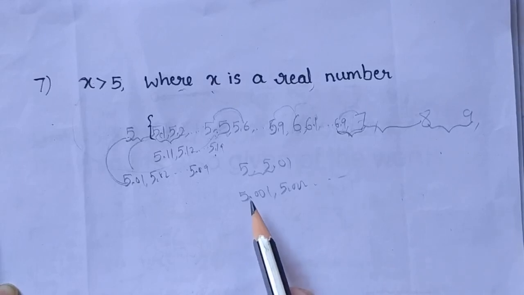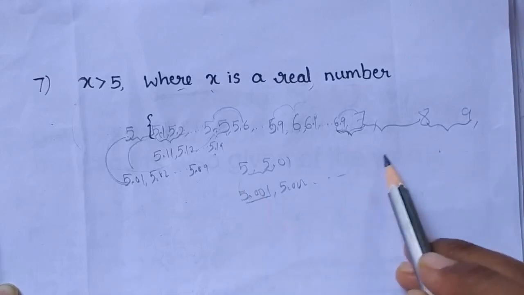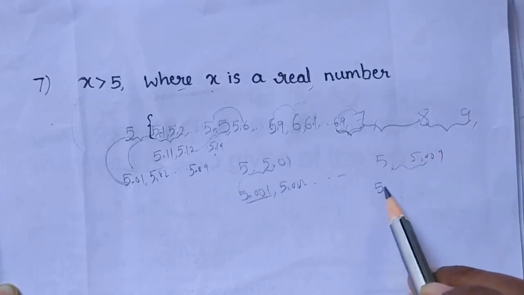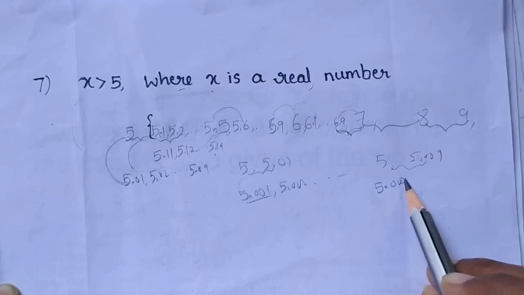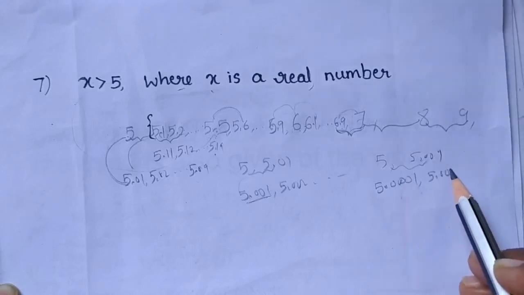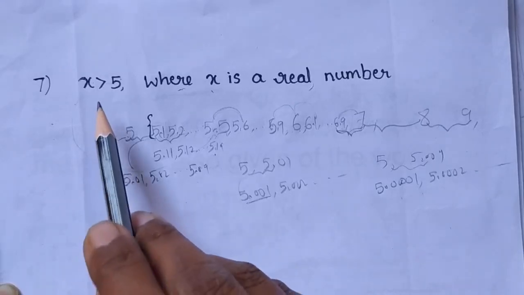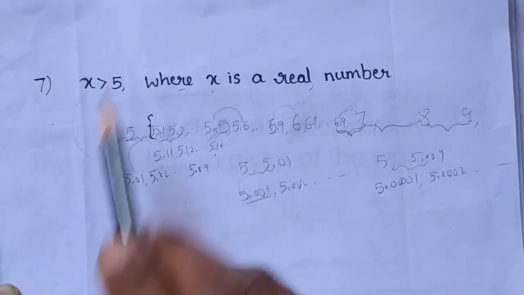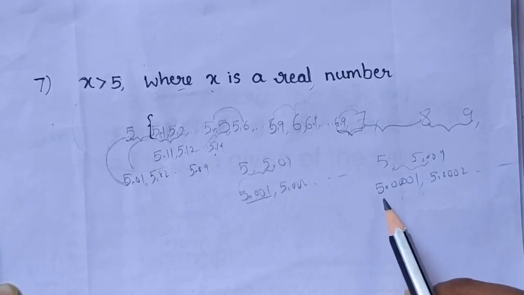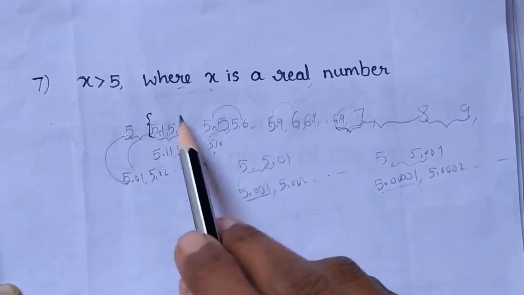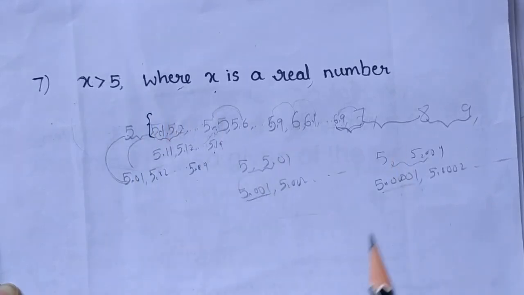Also, we can find even smaller numbers than this. Between 5 and 5.001, there exist the numbers 5.0001, 5.0002 and so on. So we cannot say the exact number just greater than 5, or exactly which number is the smallest in the set, or from which number the solution set starts.